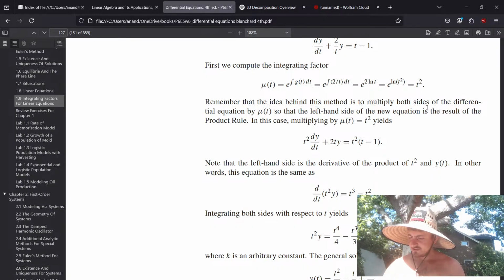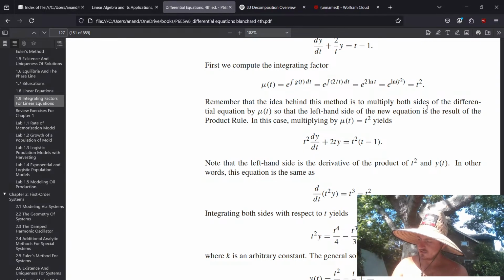All right, so now we just have to take the integral. So the left-hand side cancels, the integral and the derivative cancel, so we get just t squared y is equal to the integral of t cubed minus t squared, which is t to the 4 over 4 minus t cubed over 3.